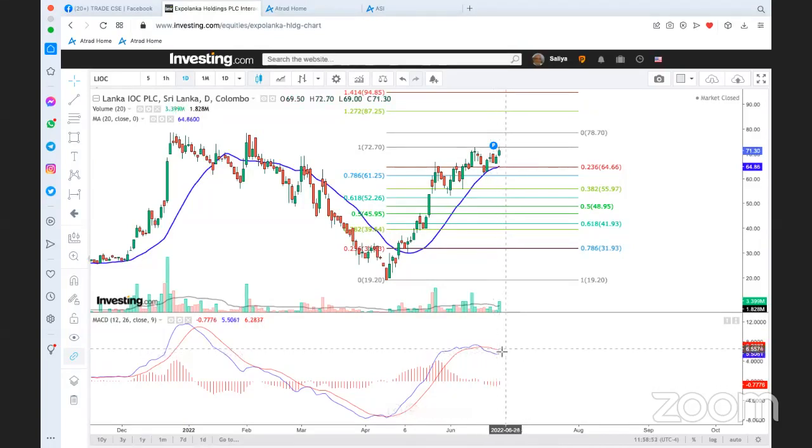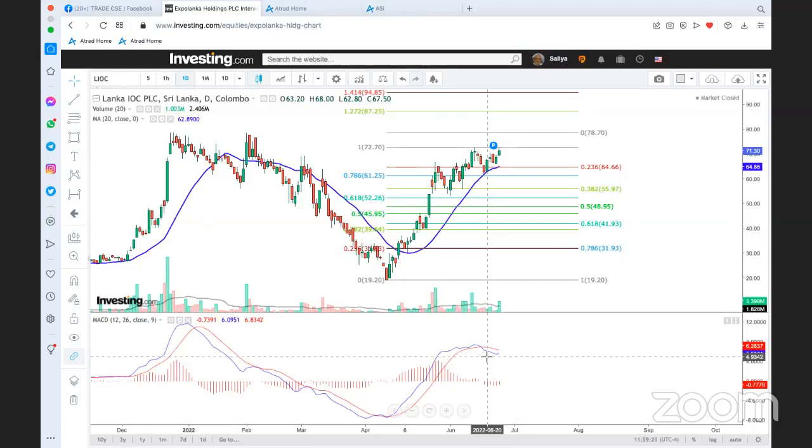For this to turn up, with volumes, 72.70 has to be broken, and prices above 72.70 have to be tested, right? Or otherwise, when the prices are going sideways somewhere, with volumes, with a higher low formation, making another ascending triangle, MACD will break the signal line, right?